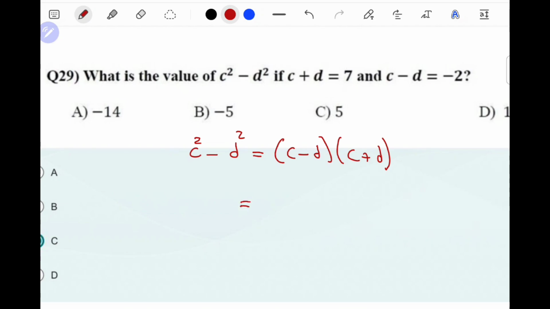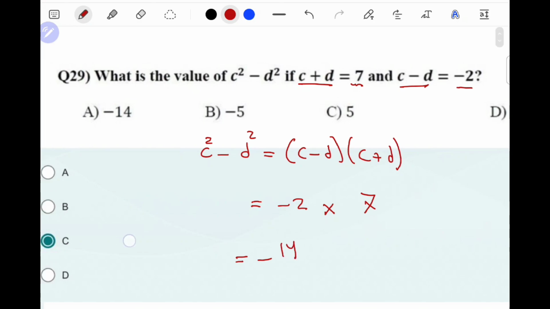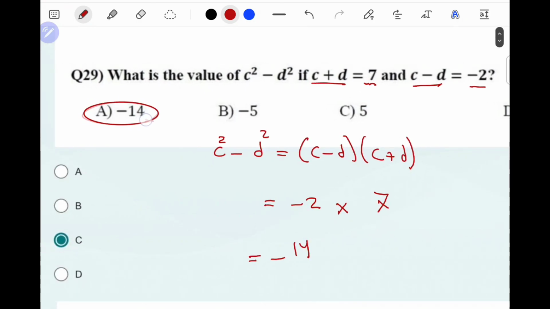So c plus d equals 7, so that's 7 times c minus d, which equals -2, and the answer is -14. You need to remember this property in order to solve this question.